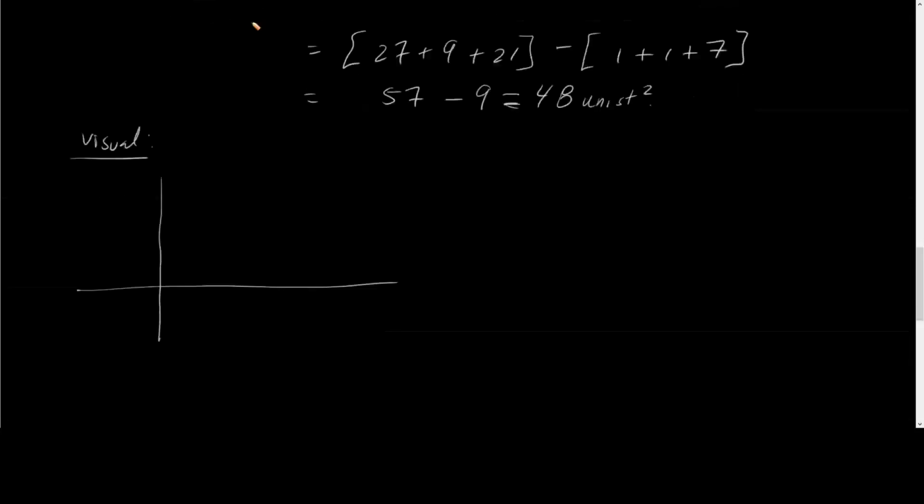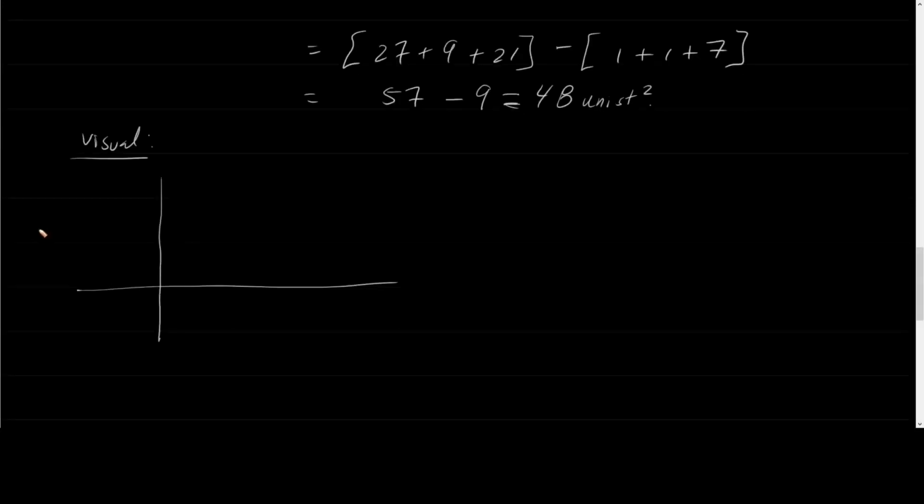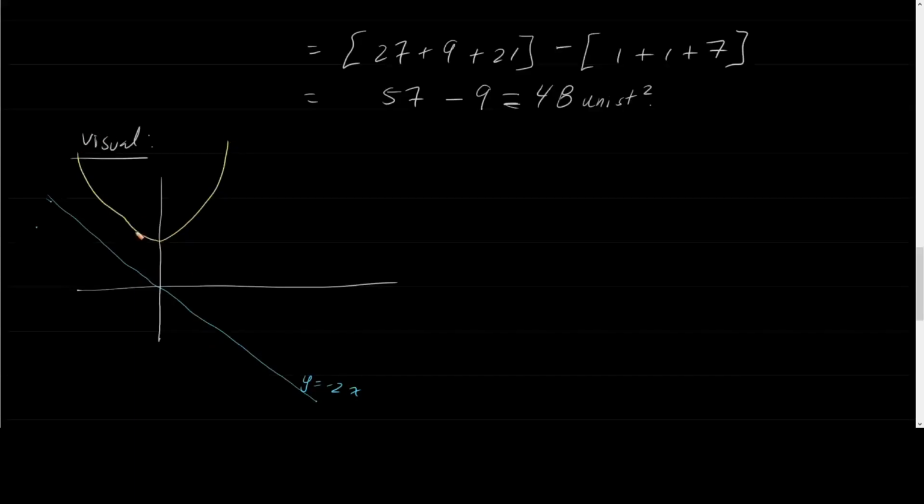Negative 2x looks like this. So that's y equals negative 2x. And then the other one, 3x squared plus 7, looks something like this, where this is a parabola.